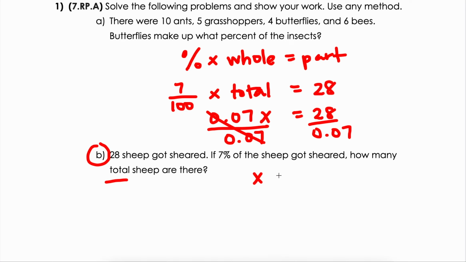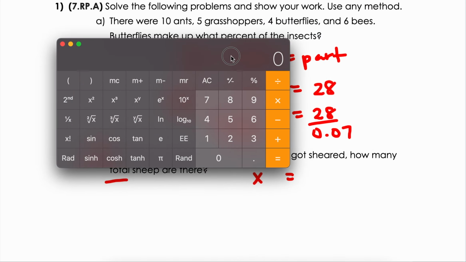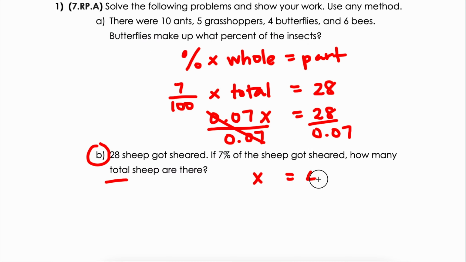So then I would get that the total is whatever 28 divided by 0.07 is. That is 400. Because the 28 was only 7% out of the total, it would make sense that my total would be a big number. That's using the first method.